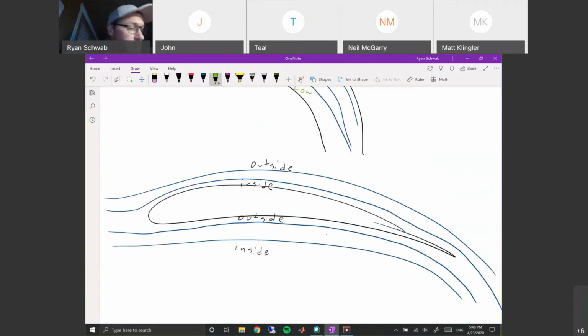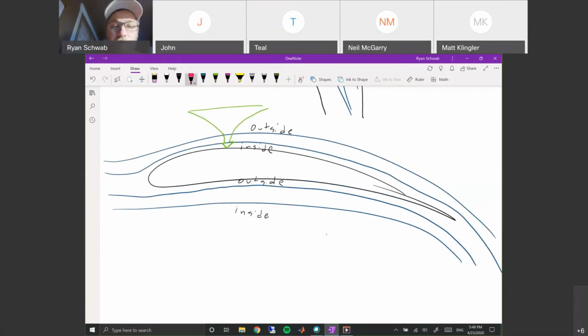That means we have this low pressure down here, and as we move away from the wing, that pressure gets larger out here. Whereas on the bottom surface, we start with this really high pressure, but as we move away from the wing and toward the inside of the flow's turn radius, that pressure is actually decreasing.